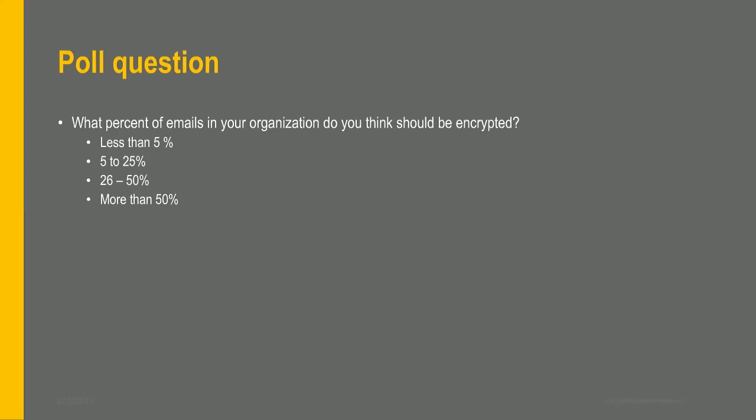Yeah, very much so. Great. So more than 50%. Yeah, that's quite interesting. Go ahead, Mike. I was just going to say that's going to vary quite a bit based on the industry you're in, but certainly very interesting results.